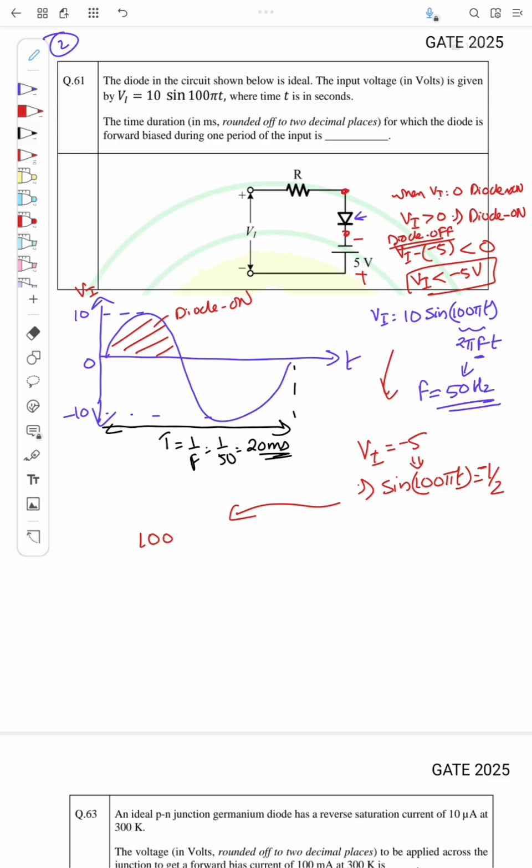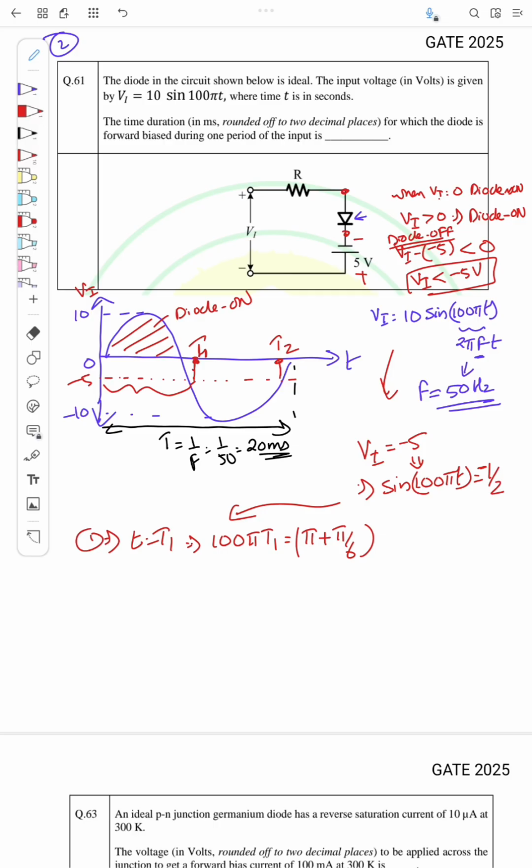This happens when the angle 100 pi t is equal to, so there are two cases, when it becomes minus 5. At this point and this point, I will say this is t1 and I will call this time t2. The first case is when t equals t1, that is 100 pi t1 equal to pi plus pi by 6.